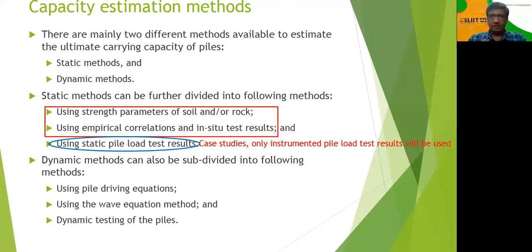Those are the limits of our discussion. We will not talk about the dynamic methods in this discussion. Later in the presentation, I will look at the case studies using static load testing, mainly the instrumented pile load testing results obtained in Sri Lanka.